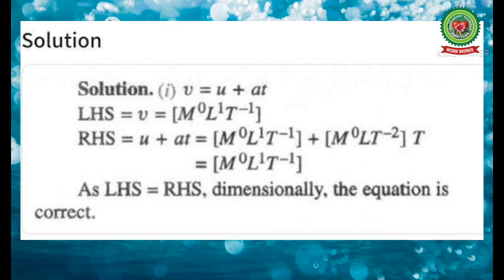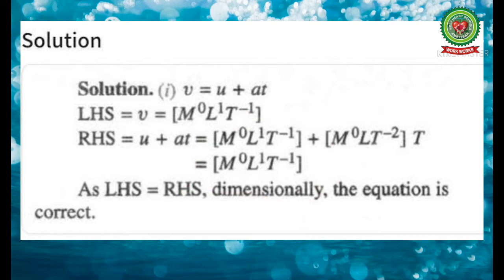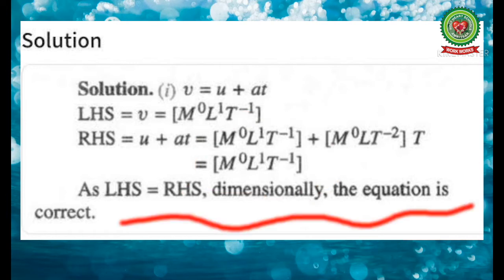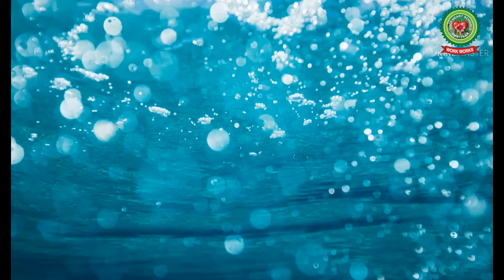On combining all of these, we get M0 L1 T minus 1. If we compare it with the first equation, we will get the same answer. Hence, we have proved that the equation v equal to u plus at is dimensionally correct.